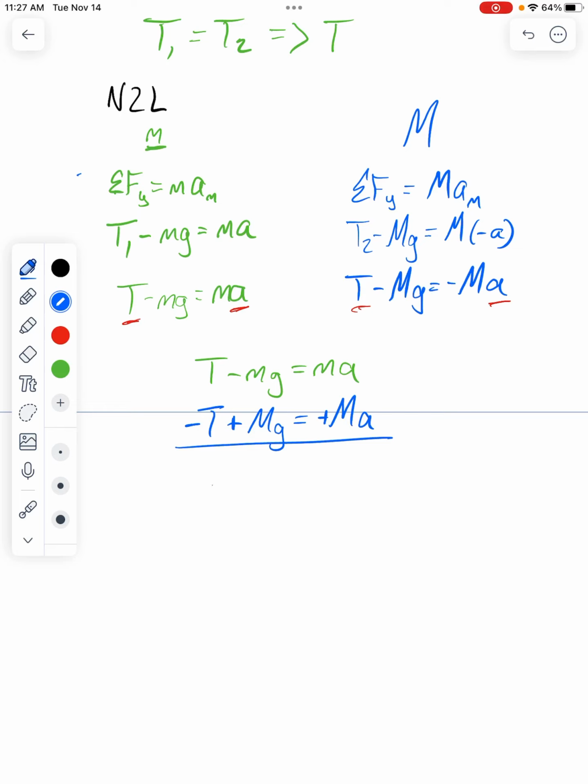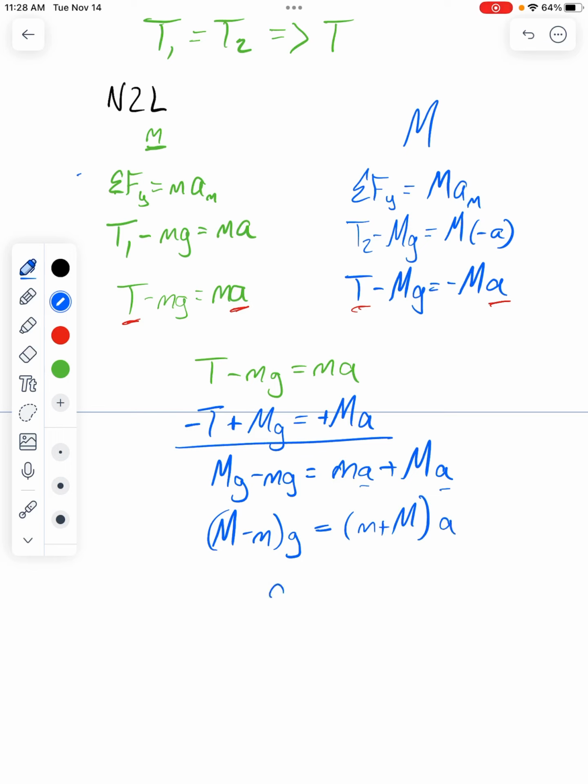So you can see that the tensions cancel out, and I've got big Mg minus little mg, and then I've got little ma plus big Ma. I'm trying to solve for a, and so we've got big M minus little m times g is equal to little m plus big M times a. Boom, we've got it.